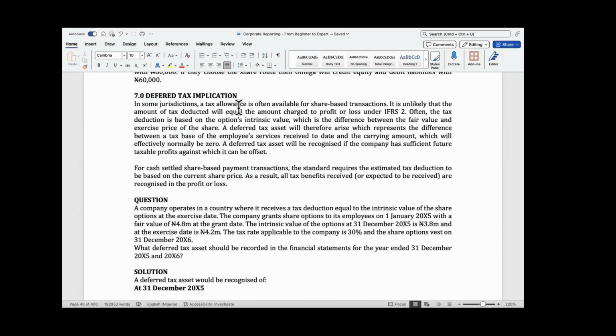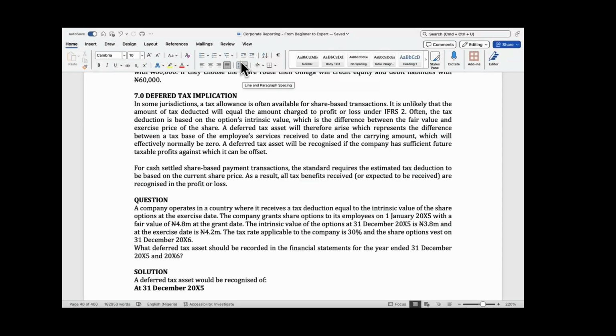So the lock you have here is this. For equity settled, there's a pattern. It does not change. So you can zero your mind that whatever the examiner gives you as the tax base, which from all questions we have seen is always the intrinsic value, that's what the taxman sees as what you have incurred.